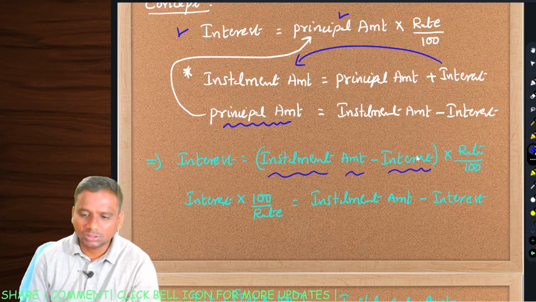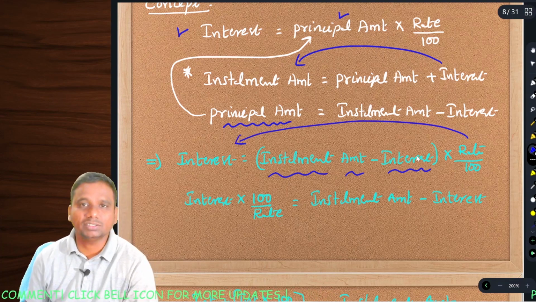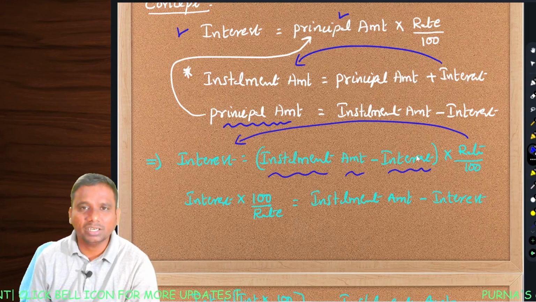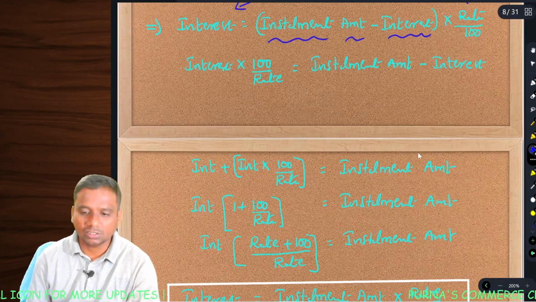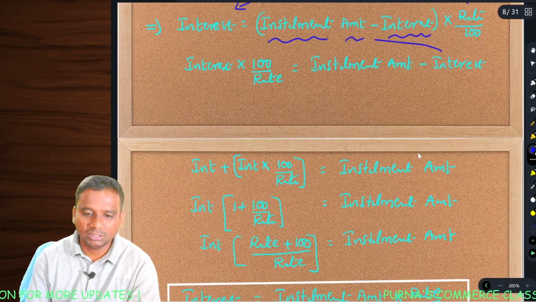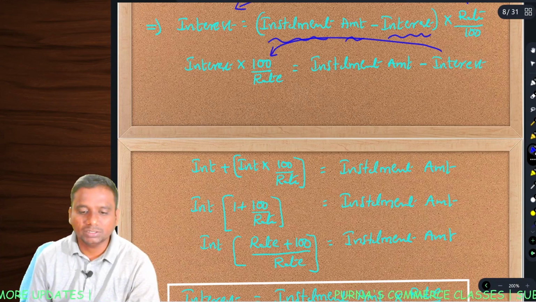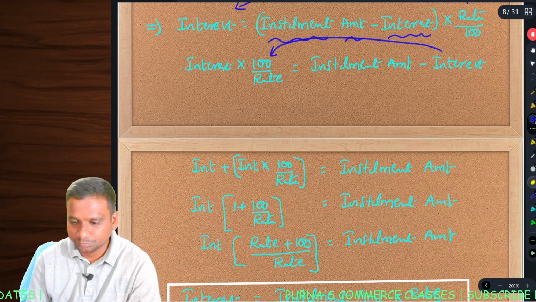Now send this rate by 100 to the left hand side, so it reverses automatically. Interest into 100 by rate is equal to installment amount minus interest. Fine. Now send this interest to the left hand side.